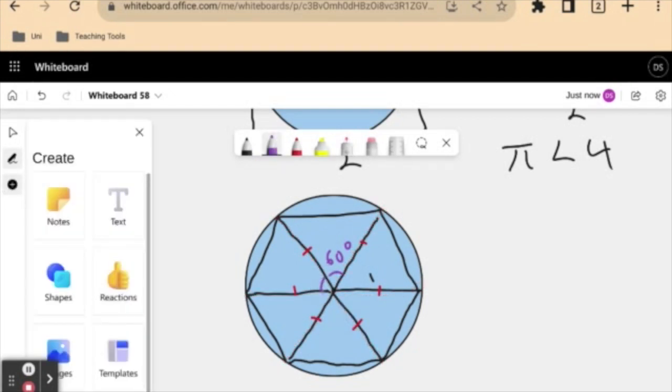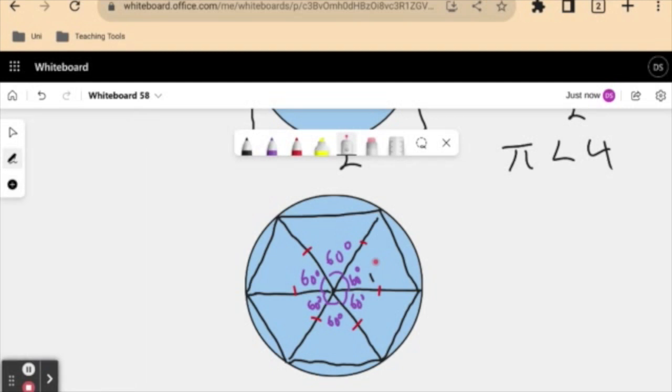So I'll just finish writing in all my angles here: 60 degrees, 60 degrees, 60 degrees, and 60 degrees. And all of these sides, 1, 2, 3, 4, 5, 6, are going to have a radius of 1 based on the unit we talked about earlier.